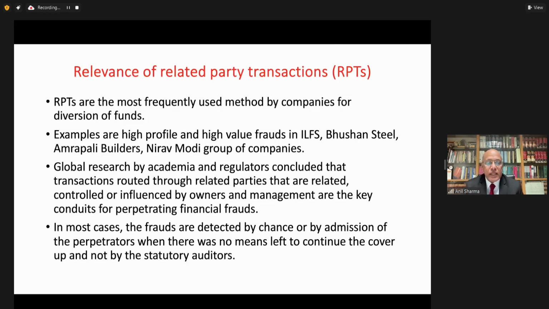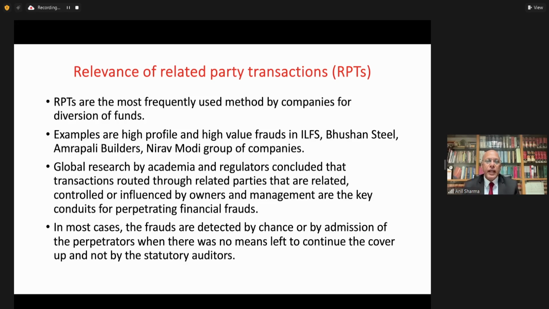And very surprisingly, in most of these cases, statutory auditors had not reported these frauds carried out through related party transactions. These reports are all available in the public domain, so I'm not going to go into the details of these cases. But the point I'm trying to make is that this makes our topic very, very relevant.